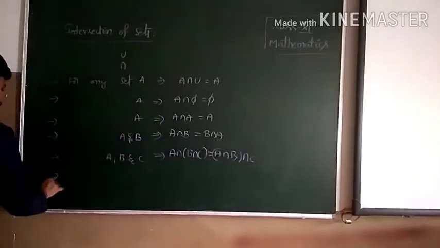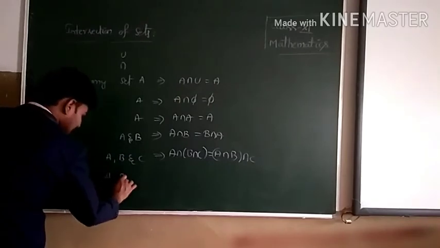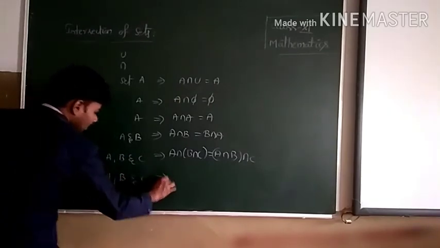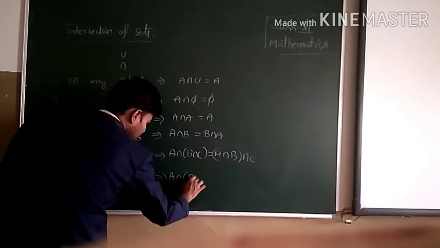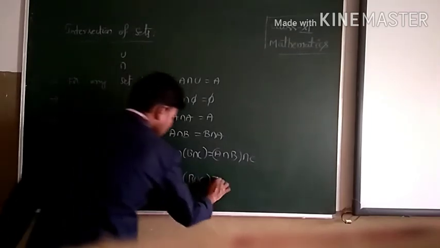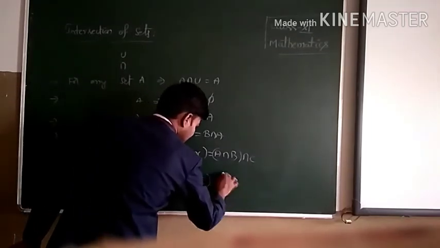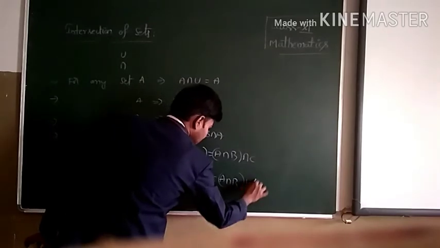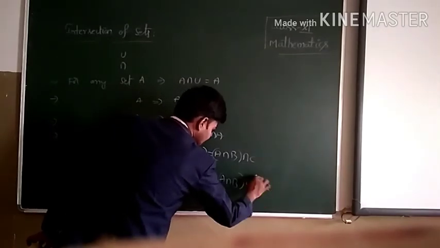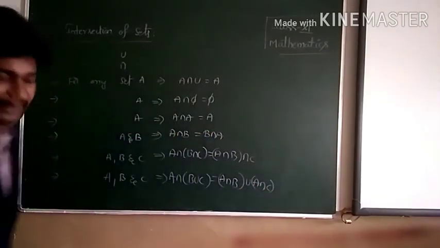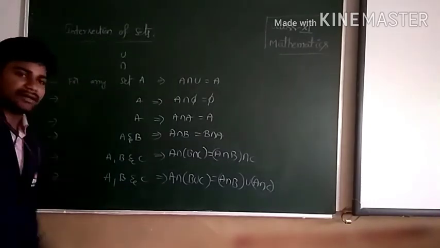One more property we have for any three sets A, B and C: A intersection (B union C) is equal to (A intersection B) union (A intersection C). These are some important properties under intersection of sets.